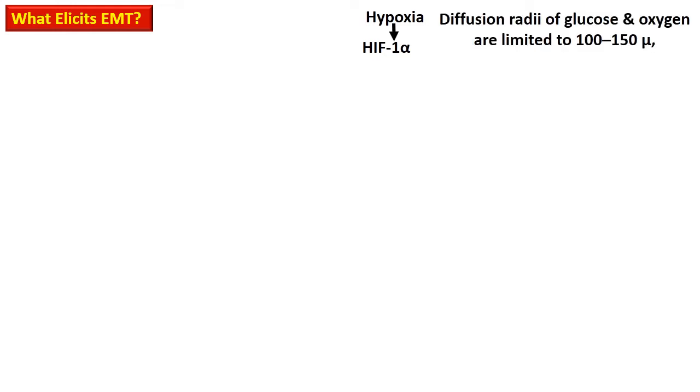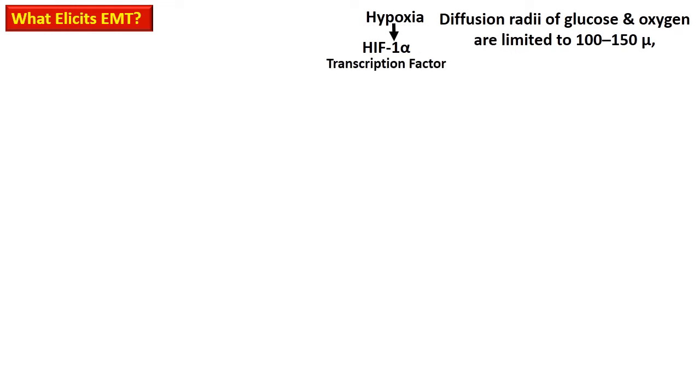Hypoxia is the major factor responsible for this epithelial to mesenchymal transition. If tumors are growing in epithelial lesions such as intraductal carcinoma of the breast, there can be central necrosis because of the rapid increase in size of the tumor, and the diffusion radii for glucose and oxygen are only about 100 to 150 micron.